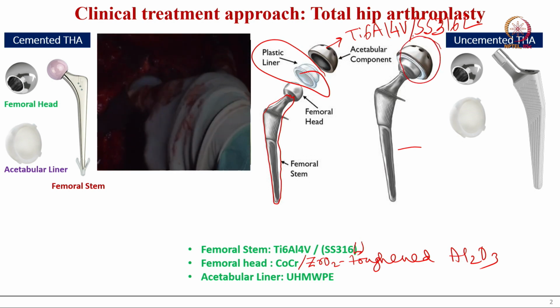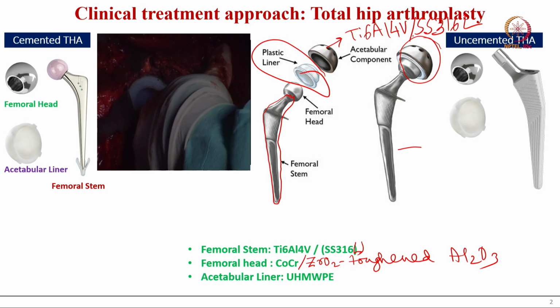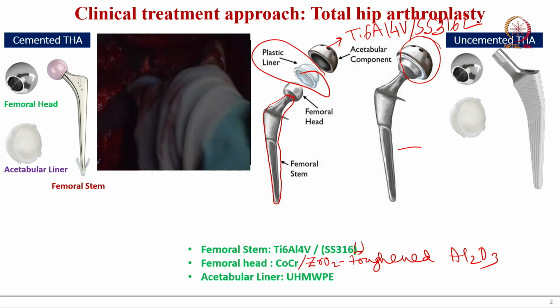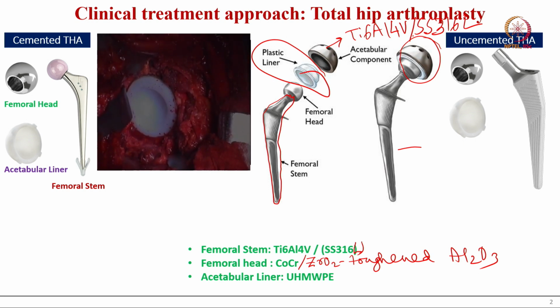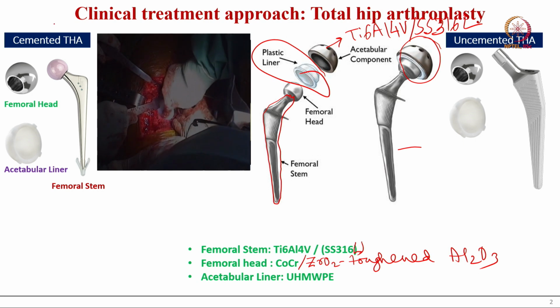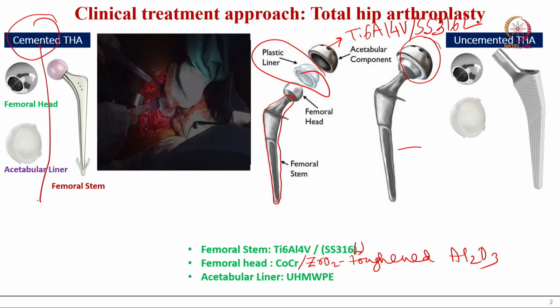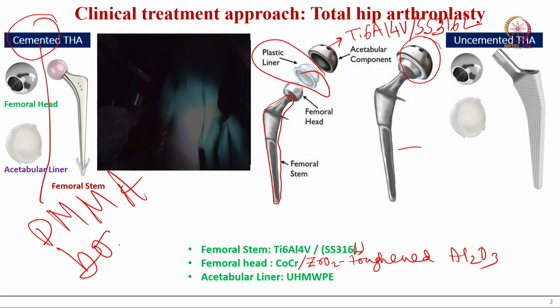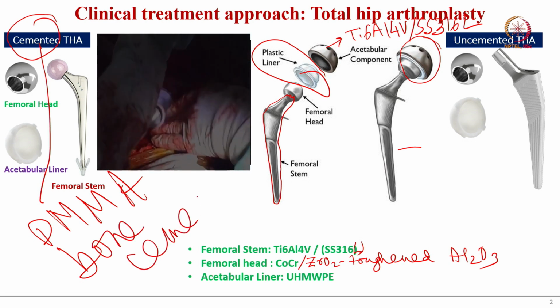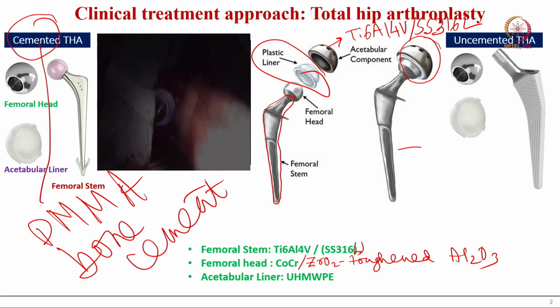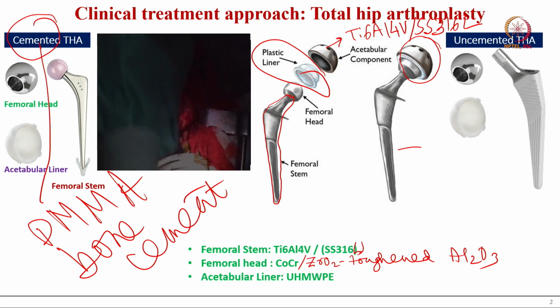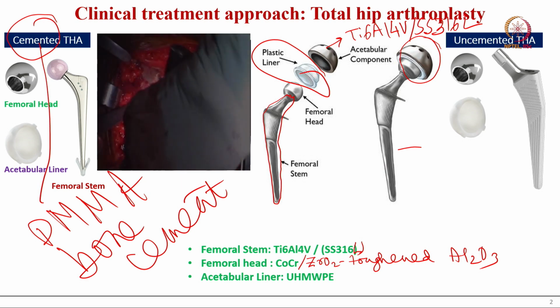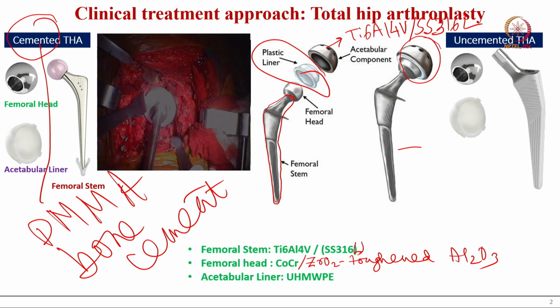And there are two ways you can place this total hip joint replacement device. One is by using polymethyl methacrylate bone cement, PMMA bone cement. So, if you see in this video, when the acetabulum is placed, it is essentially placed with the polymethyl methacrylate.